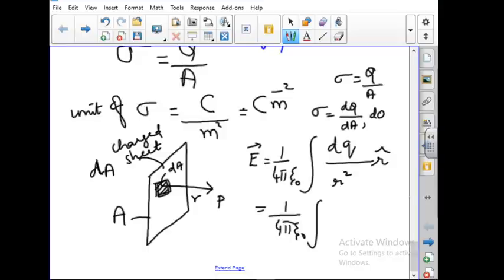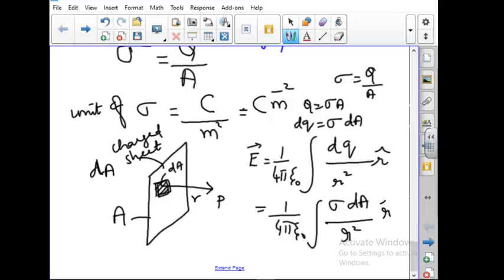Therefore, dq is equal to sigma into dA. Q is equal to sigma A, or dq is equal to sigma into dA. Therefore, we can substitute this as sigma into dA by r squared into r cap.